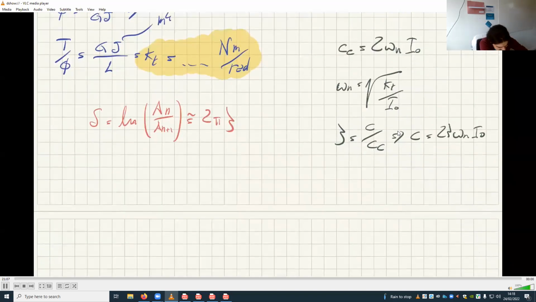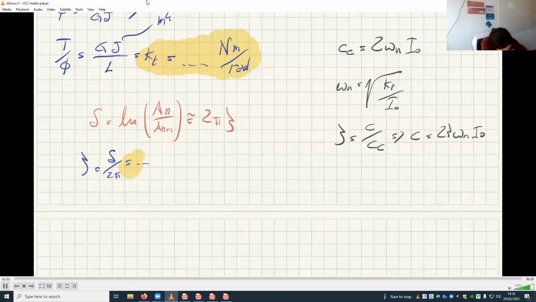And so we can say that C is, well, let's find zeta first. Zeta is a number which has no units. So zeta is delta over 2 pi, which is equal to something.